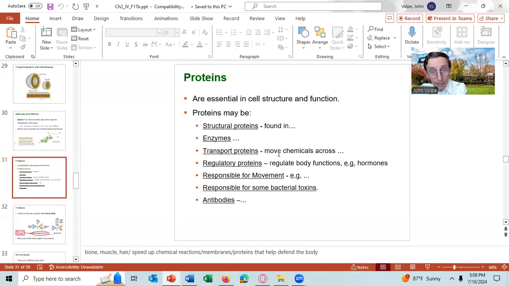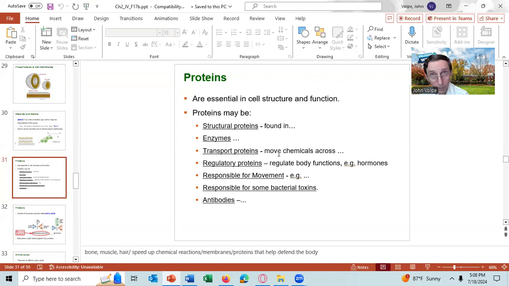There are proteins that transport molecules across the cell membrane. We haven't talked about it yet, but the cell membrane regulates what comes into and what leaves the cell. And if the cell membrane doesn't allow the molecule to cross it, which, except for small nonpolar molecules or lipids, the molecule cannot cross the cell membrane.